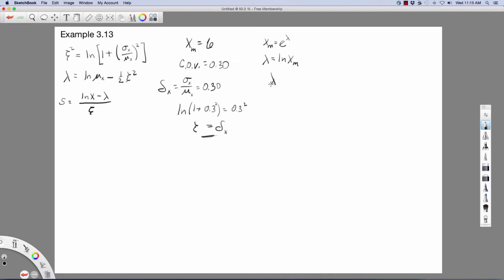So therefore, lambda is equal to the natural log of 6. And in this case, we have 1.792. So we have zeta, which was 0.3, and lambda. So we have our parameters for our log normal distribution given to us in the problem statement.